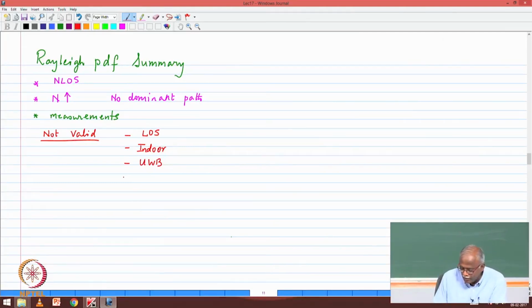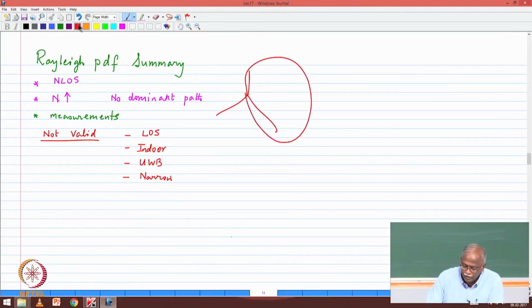The other one is if you have very narrow beams. Remember we talked about sectorization. Sectorization typically is 120 degrees, but you can also think of systems where you have very narrow beams. If you have narrow beams, it does not match Rayleigh. Why?